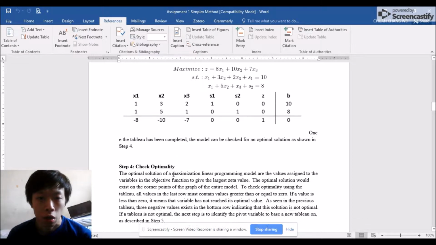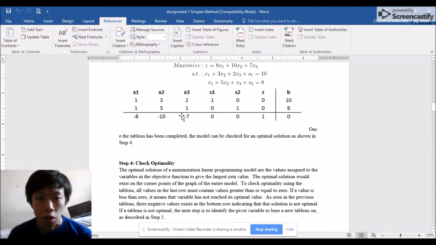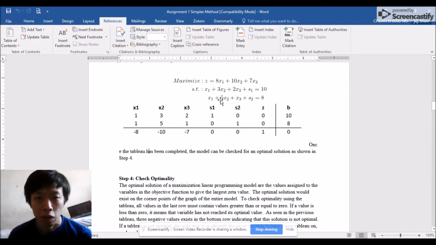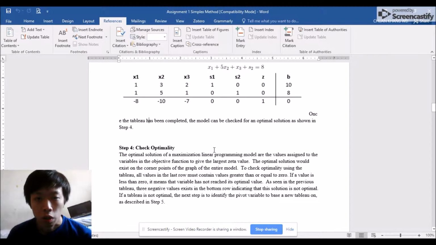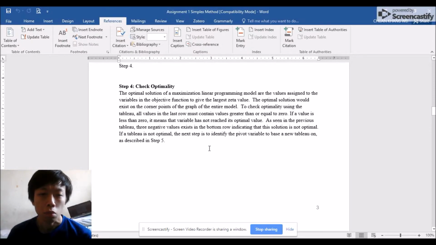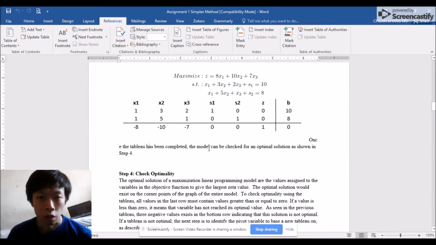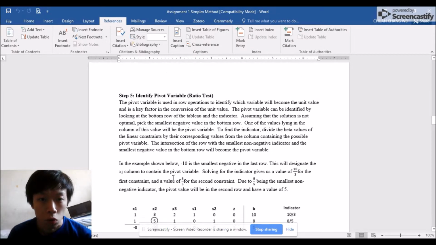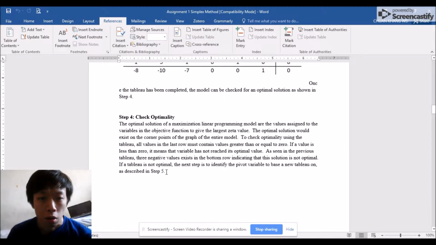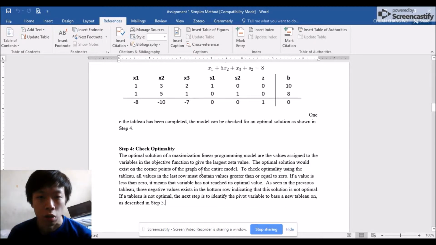Then we need to determine the optimality by checking the row at the bottom here, which is the maximize z equation row. Since there is still a negative coefficient in the bottom row, we still need to do the ERO to determine the optimal basic feasible solution.